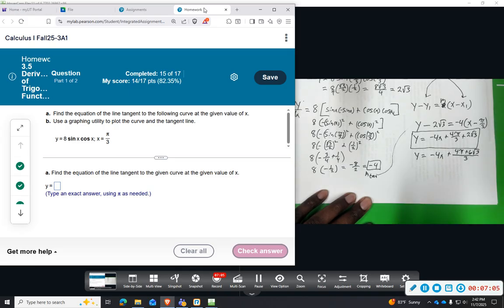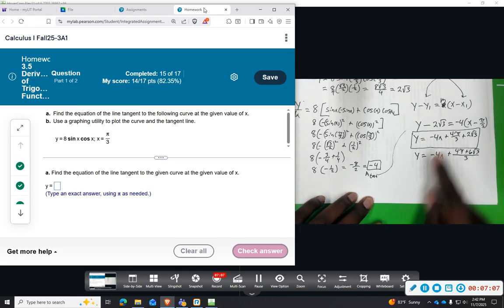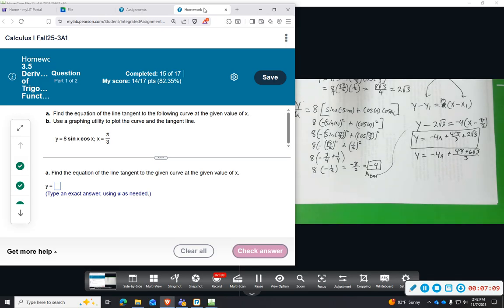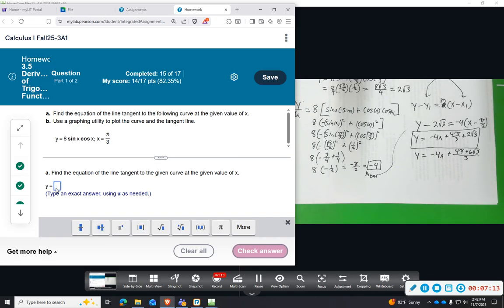You can write it like so, but it's not going to change a whole lot. I'll just leave it in the standard form. So we get a negative 4x plus 4 pi over 3, and then we got plus 2 square roots of 3.